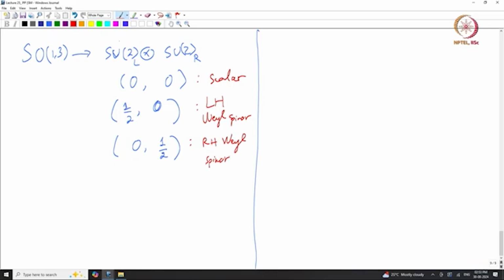Correct. Now what about vectors? How do I represent a vector now? For that I need to charge both of them, right. That is the next non-trivial representation. So if I charge both of them, we know that vectors, they can have both left and right circular polarization, right.